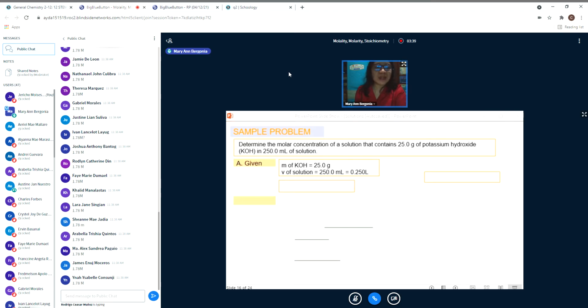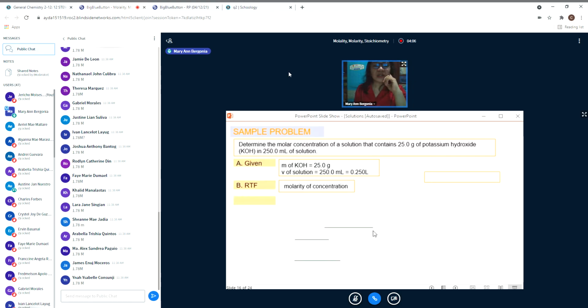Kinonvert ko na si 250.0 ml into liters. Kung nagtataka kayo bakit naging 0.250 liters, kasi 1 liter is equivalent to 1,000 ml. Kaya dinivide lang natin siya sa 1,000. Kasi according to our formula, ang kailangan natin, the volume in liters. Kaya kinonvert natin siya sa liters.